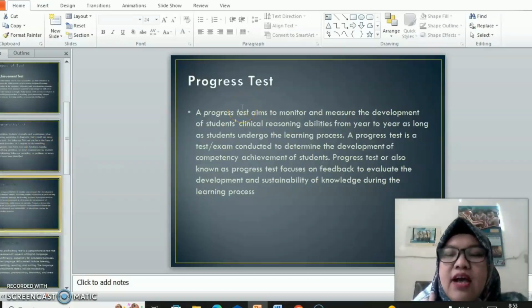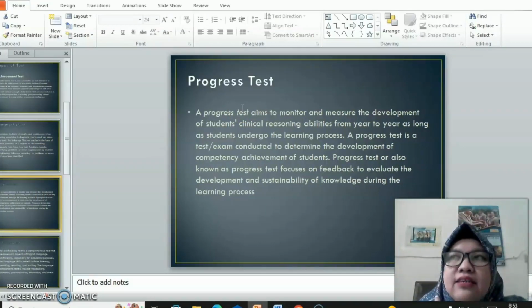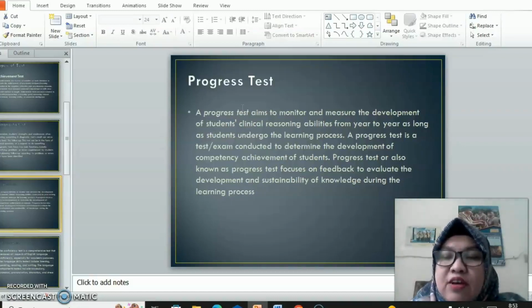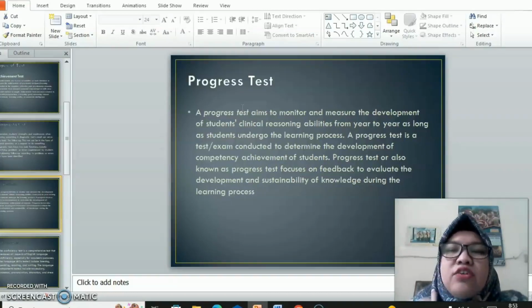Okay, after having diagnostic tests, of course we will get the points of weakness of our students, and also the strength points of our students.